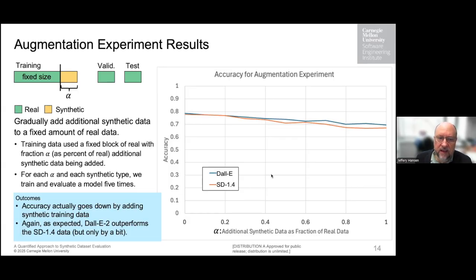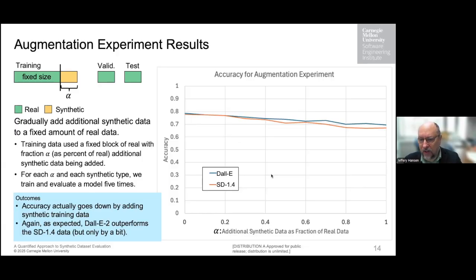What we see is that adding the additional synthetic data actually decreased our model accuracy. Even though we're using a larger training set, the quality of the model went down by adding the synthetic data.